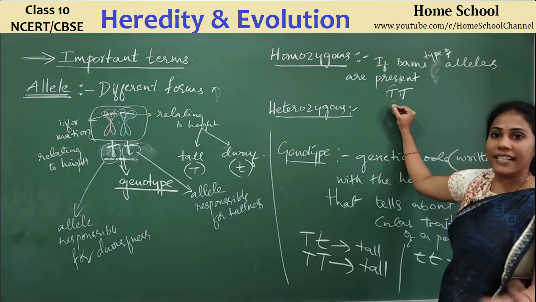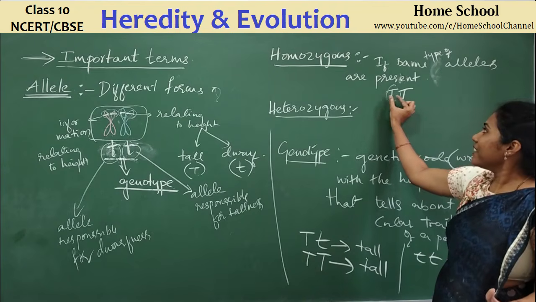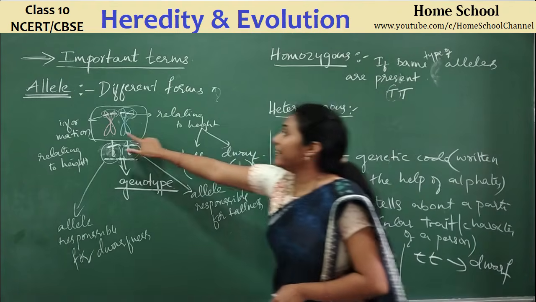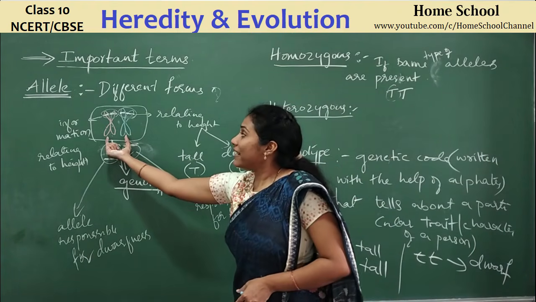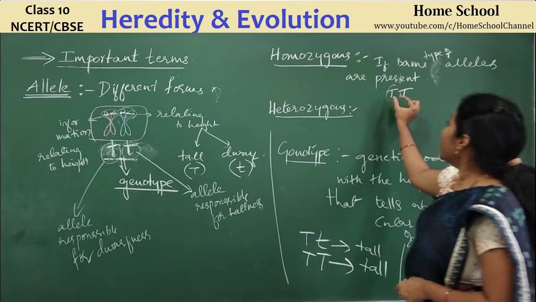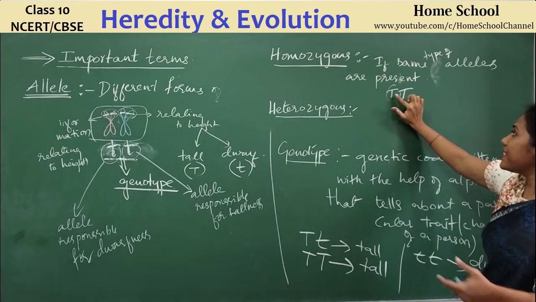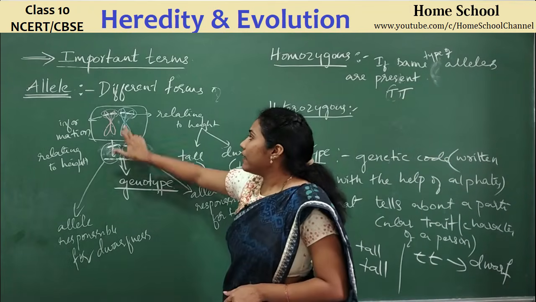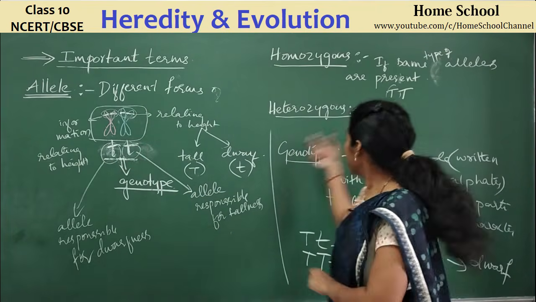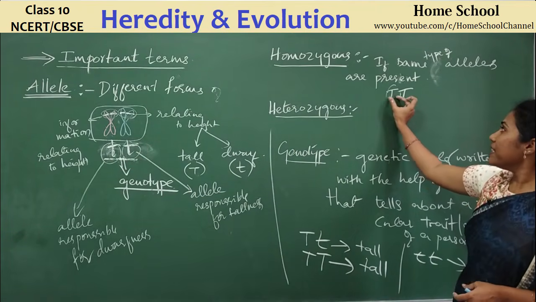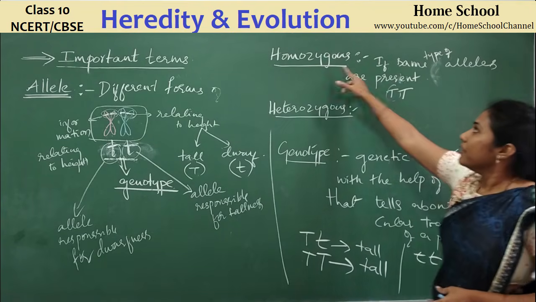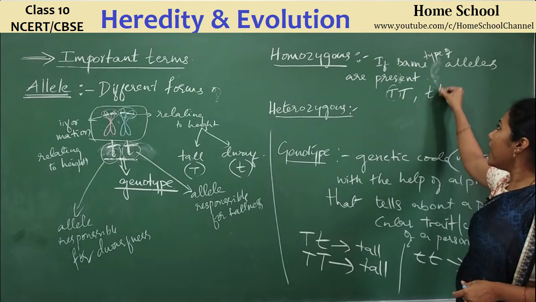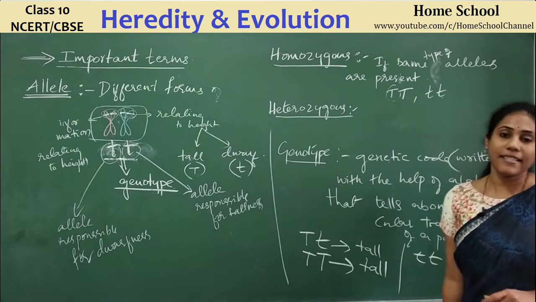Each letter is called an allele, as I told you. Each letter indicates a particular gene present in the chromosome of a particular set, isn't it? So each letter is what we call an allele. This is one allele, this is one allele. Both alleles are the same. Father is tall, mother is also tall, then the genetic code is TT. This is one allele, this is one allele, both the same. Such a condition is called homozygous. Similarly, small t, small t: here also both alleles are the same.